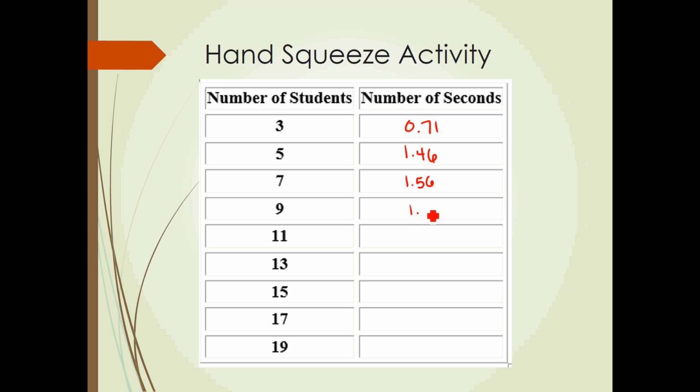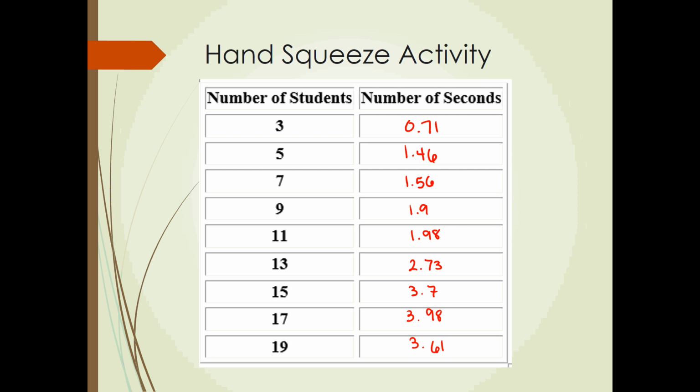So in one of my classes, we did the hand squeeze, and these were the times we got as we added people onto our line and made that longer and longer. You can see the time increased as we went. For the most part, they did get faster at the end.